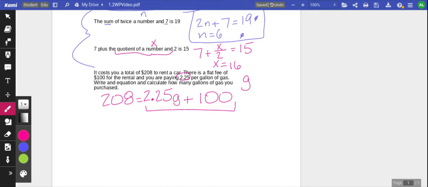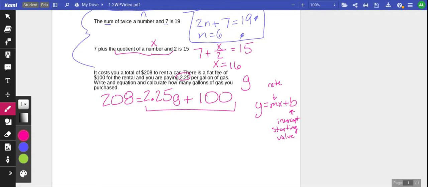All right, we're going to see quite a few problems like that. This is in that y is equal to mx plus b format. M is our rate, and b is our, we can call it our intercept or our starting value. It's the thing that doesn't change.